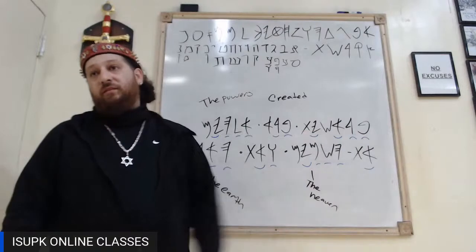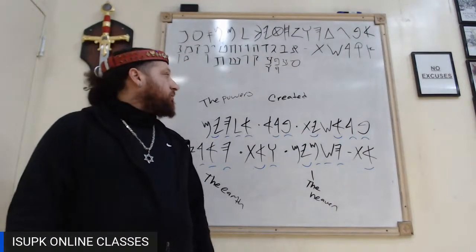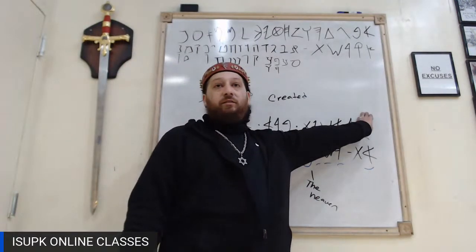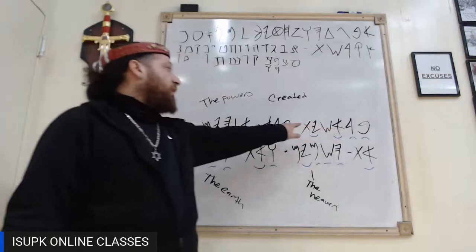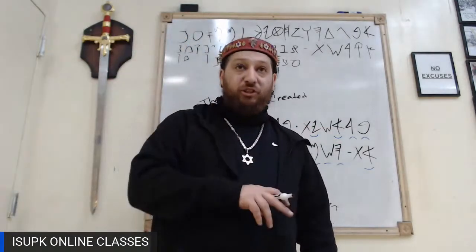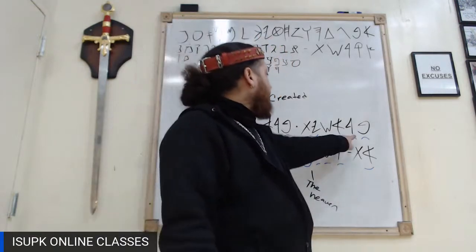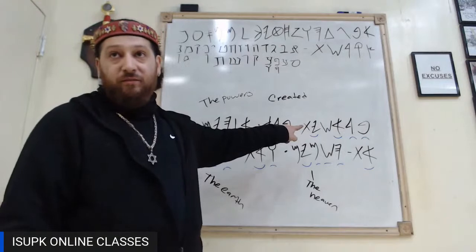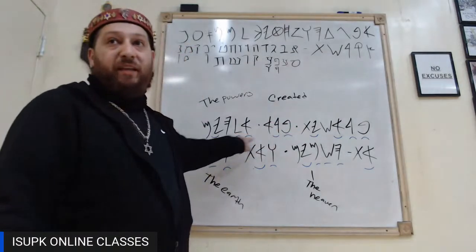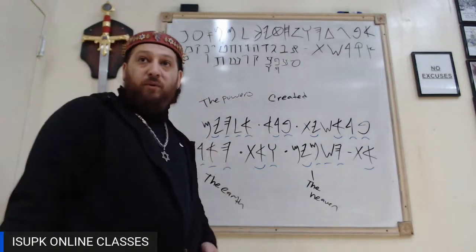Barasha, the creator. Ba is in. Rasha, because what is head? Rash. Something's head, it's at the start. In the beginning. Created the powers, meaning the powers created. Remember, it's reversed.